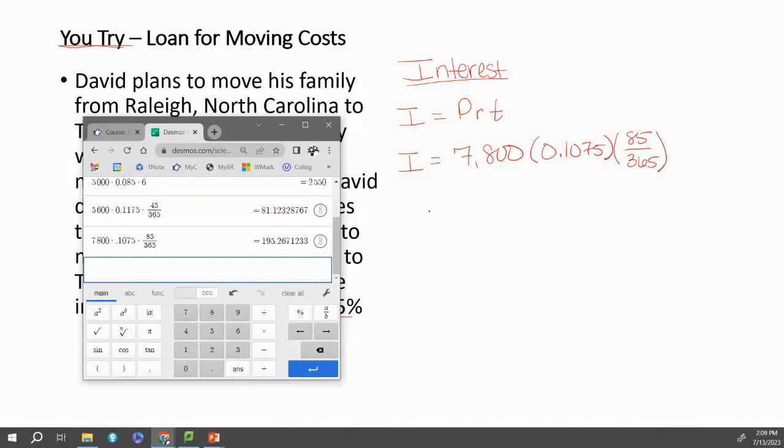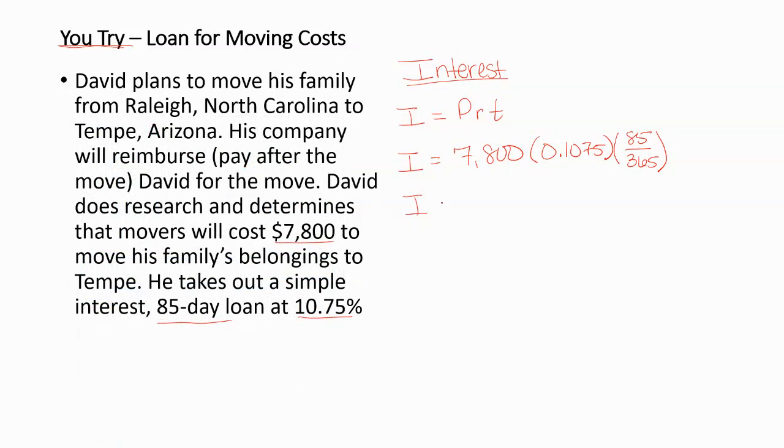So I'm going to go ahead and write all of that down. 195.267. Now we're dealing with dollars and cents still. So cents are the hundredths place because there's 100 pennies in a dollar.